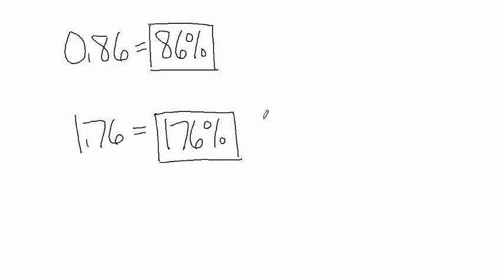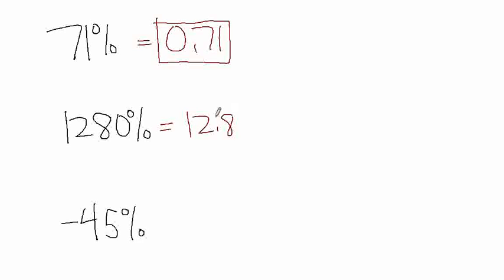All right? Now I'd like you to try some. Would you please try converting the following percents to decimals? All right, pause the video and try these now if you like.